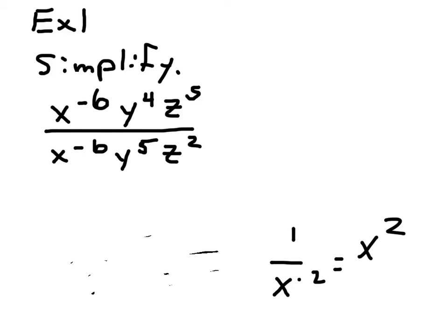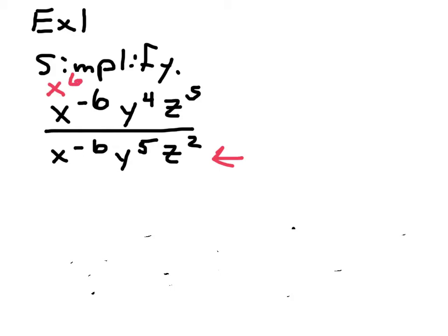So really, we could use the multiplication rule when I do this. I'm going to take everything in the bottom and move it up. So my x to the negative 6 becomes x to the 6, my y to the 5th becomes y to the negative 5, and my z squared becomes z to the negative 2.